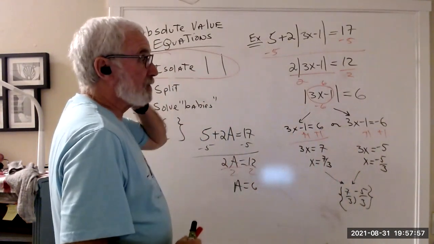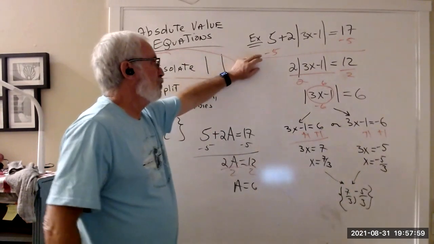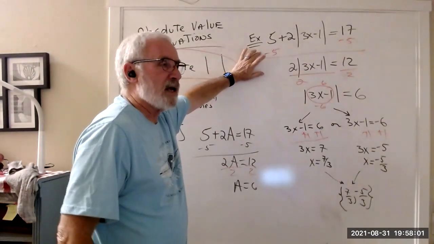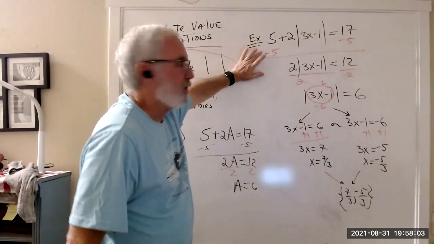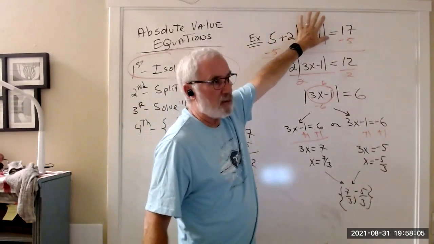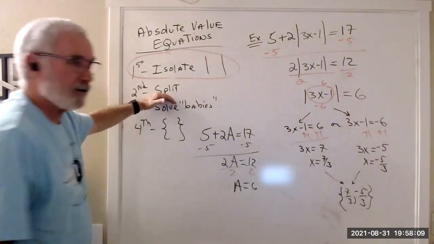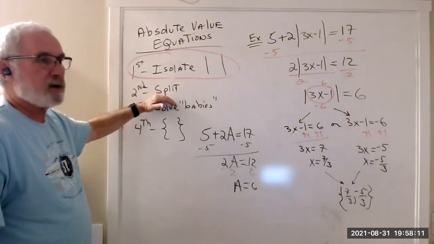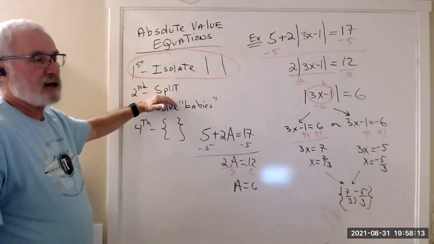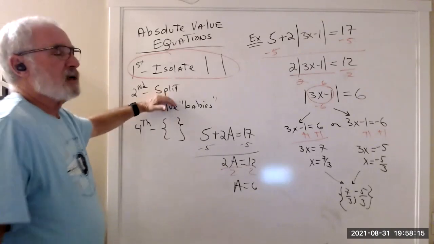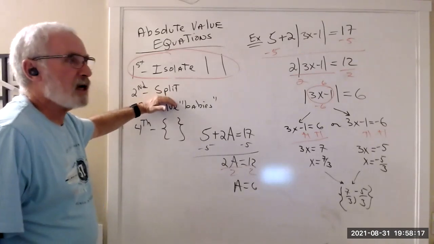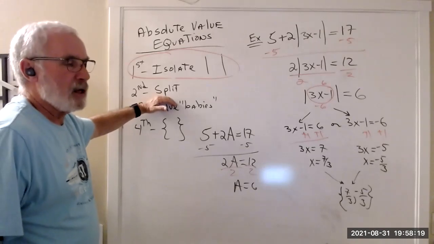So the purpose of this example was to show you what isolate absolute value means. You've got to get that absolute value gizmo all by itself before you split. You can't just split it right away. Actually, that's a lie. Sometimes you can.